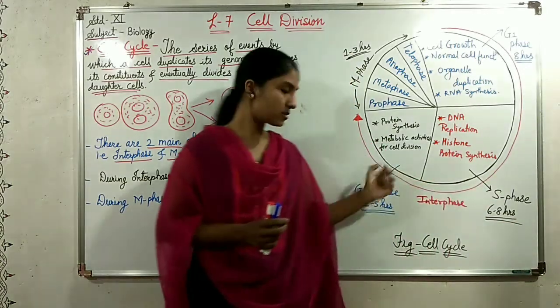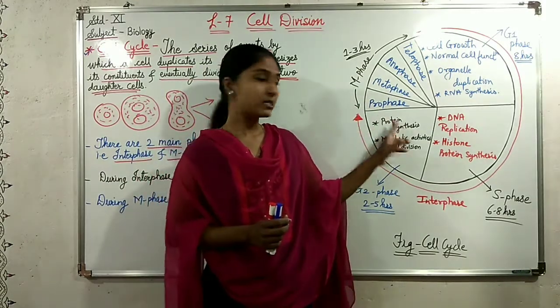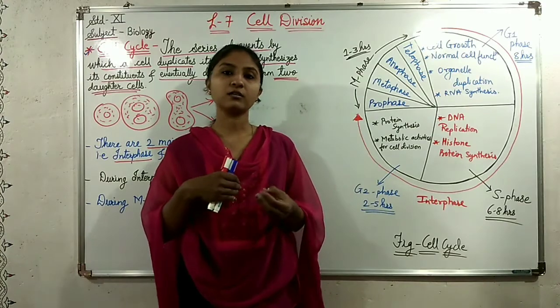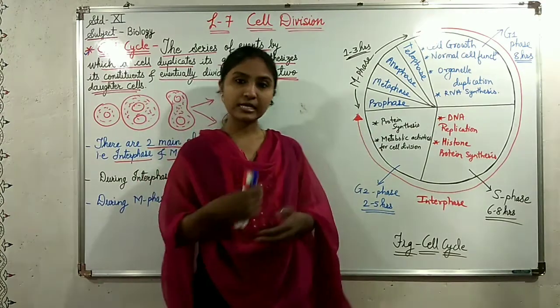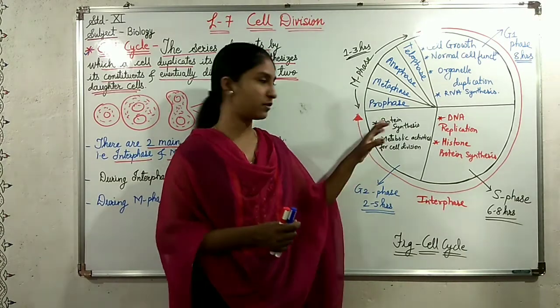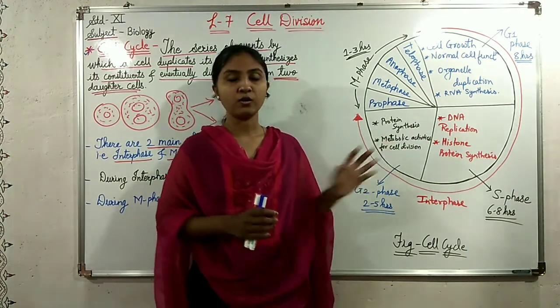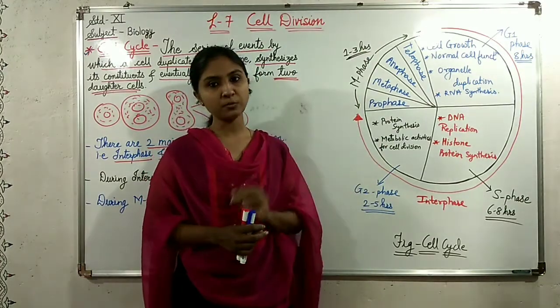The next is the G2 phase. In this phase, protein synthesis occurs. The cell undergoes synthesis of various proteins, and metabolic activities also occur which are required for the further cell division process.